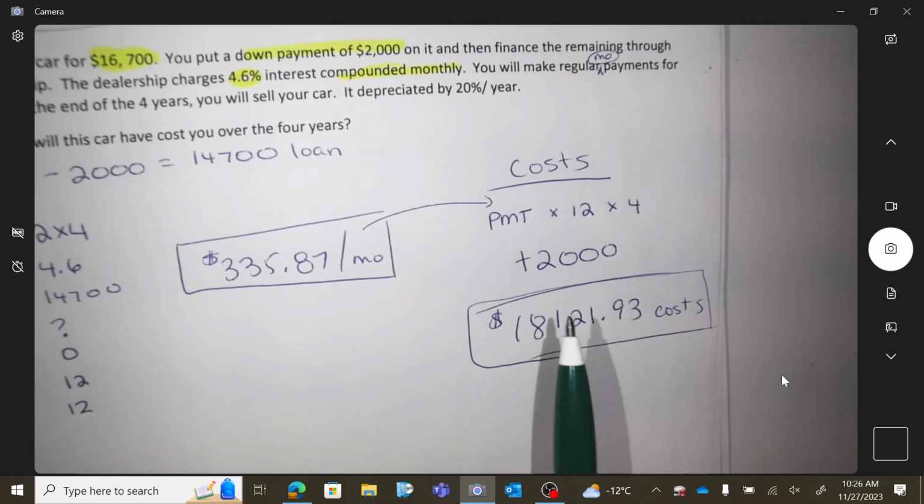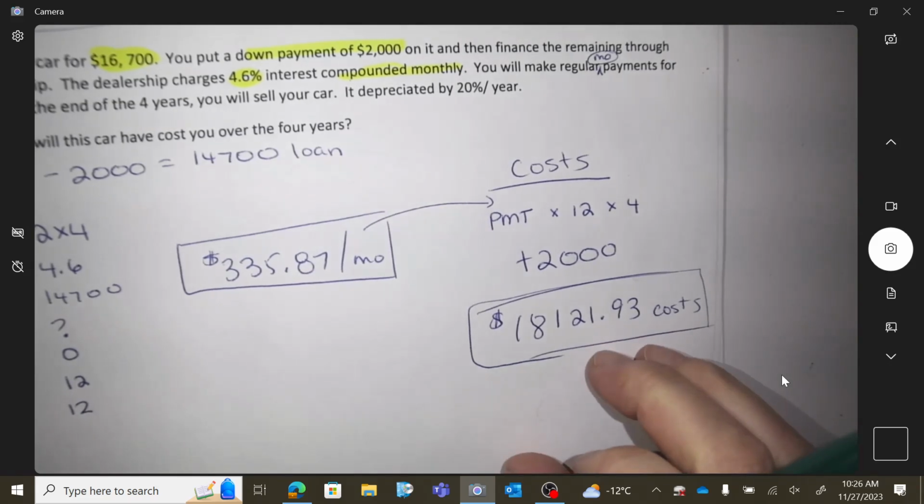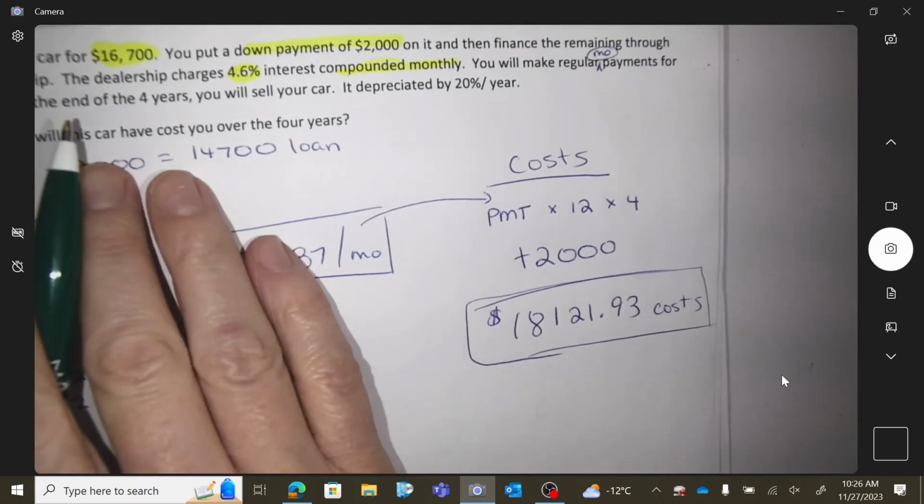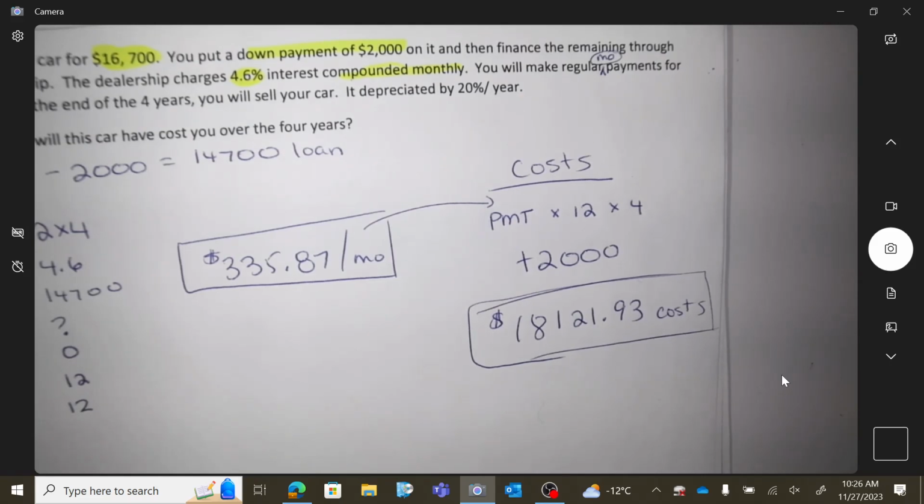All the stuff that came out of my pocket. Does that make sense? Okay, so I paid this out of my pocket, but now we're going to sell our car and we're going to get money back to our pocket, right?